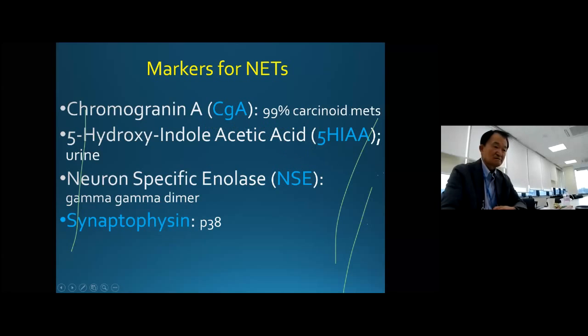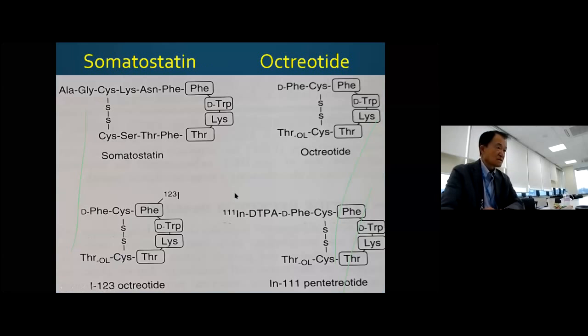Certainly 5-HIAA we routinely check. But recently we also check neuron-specific enolase, for neuroendocrine tumor. And in the gene assay profile, P30A is also checked.